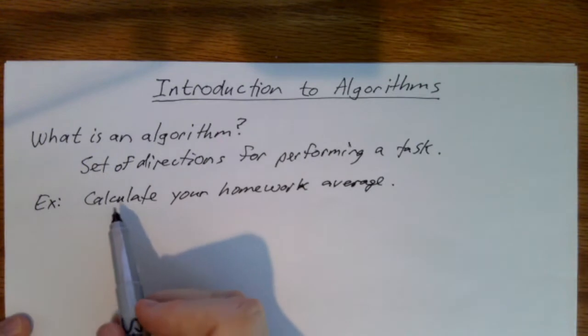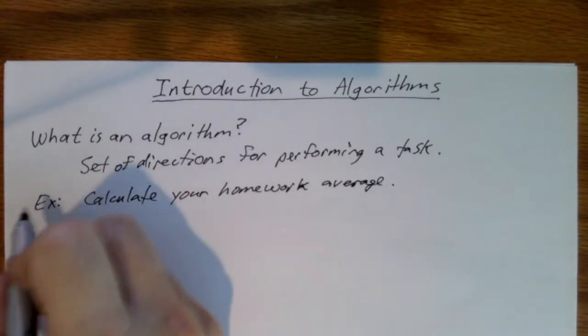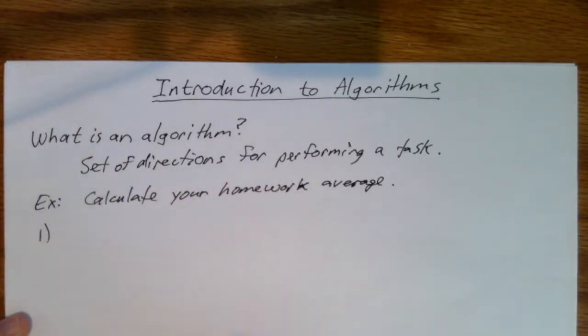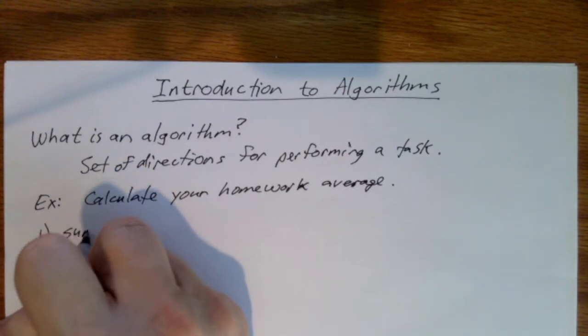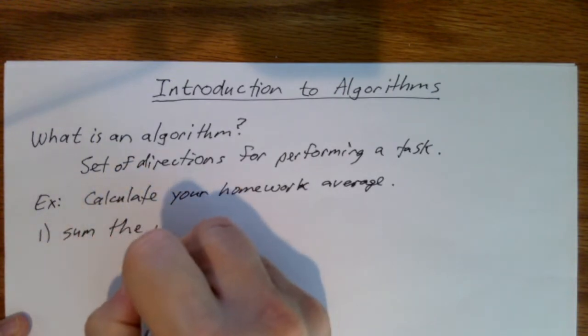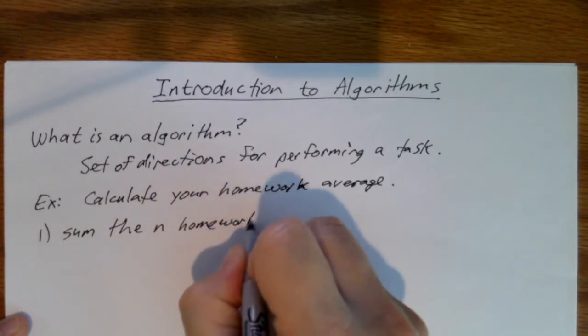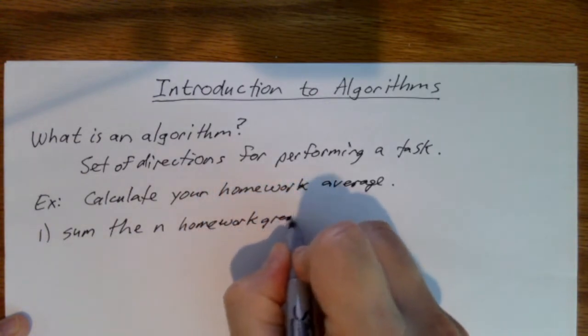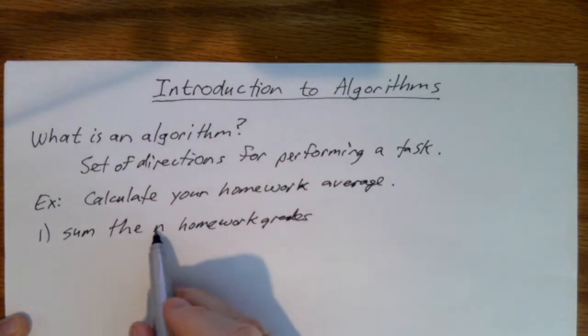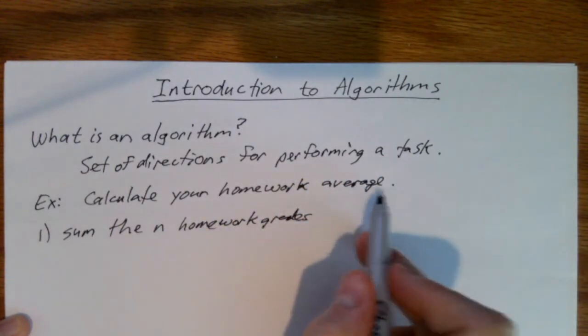I think that if asked to do this, most people follow this algorithm. First, they're going to sum the n homework grades. So if n was 10, that means you have 10 grades to find the average of.